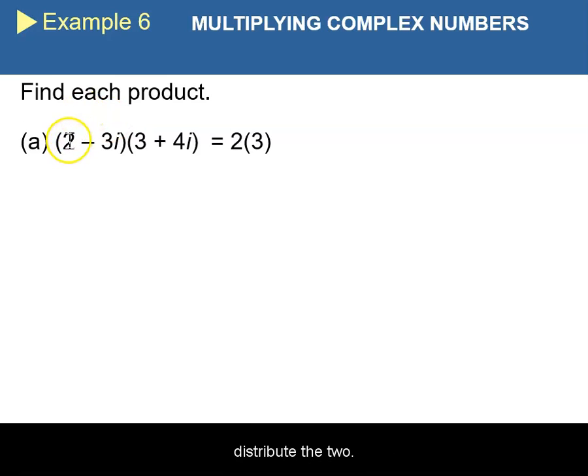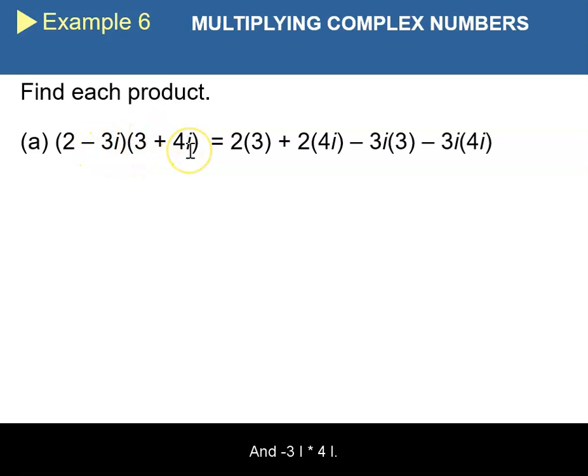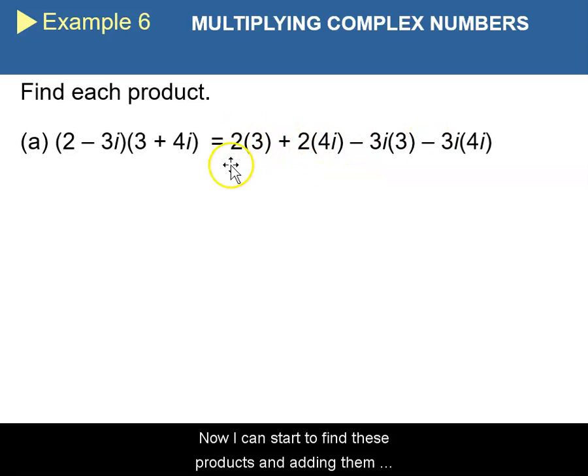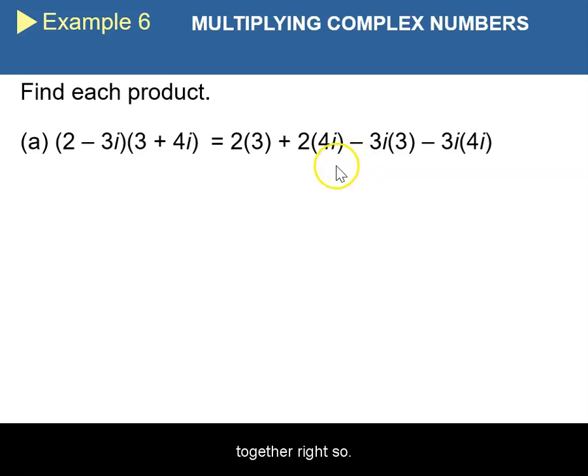So I start to distribute the 2 across this term. So I have 2 times 3, and then I have 2 times 4i. Then I have negative 3i times 3, and negative 3i times 4i. Right? So now I can start to find these products and add them together, right?